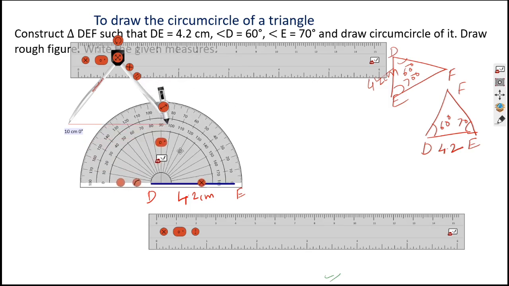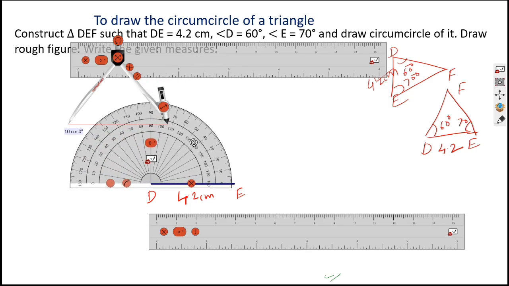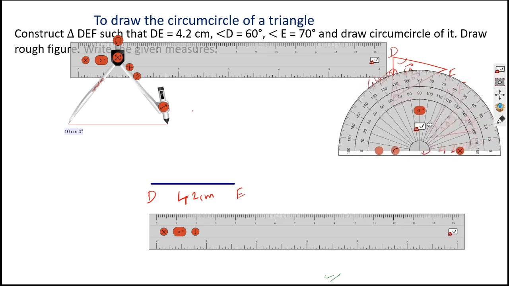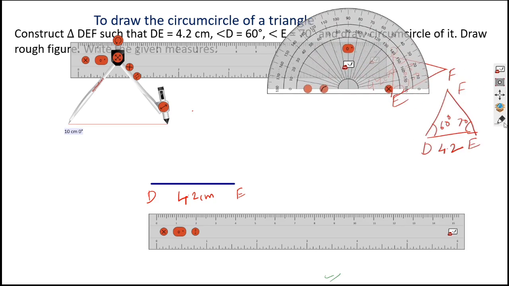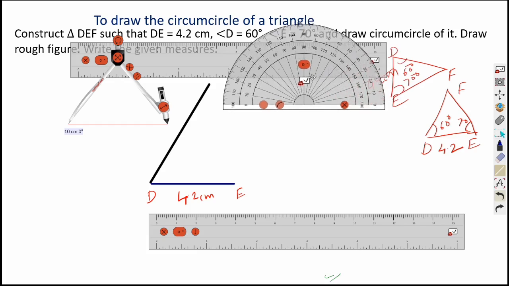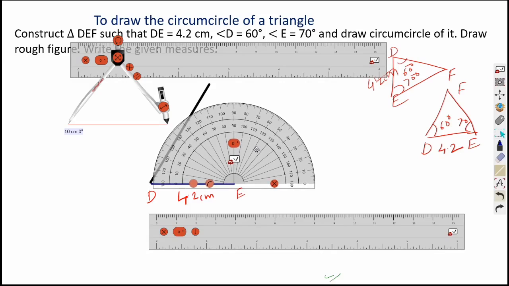With the help of a protractor, I can measure an angle of 60 degree, which starts from here. For the matter of convenience and saving time, I am simply drawing this through this point, and it is accurate. Another angle, which is E of 70 degree. Keep it here. This time I will be using the left side scale of the protractor.